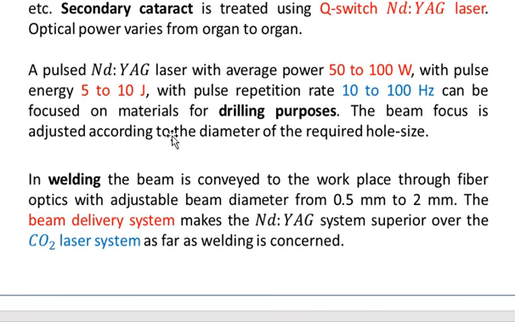The beam focus is adjusted according to the diameter of the required hole size. In welding, the beam is conveyed to the workplace through fiber optics with adjustable beam diameter from 0.5 mm to 2 mm. The beam delivery system makes the Nd-YAG laser system superior over the CO2 laser system as far as welding is concerned.